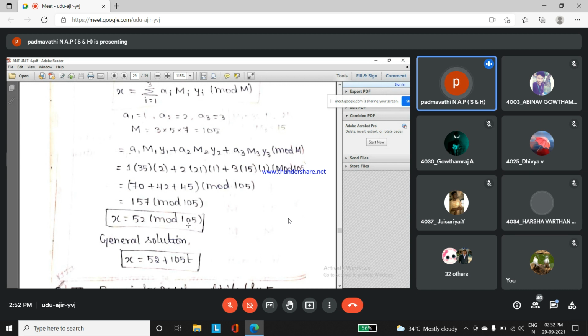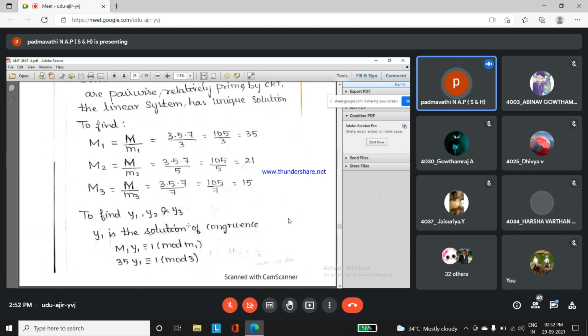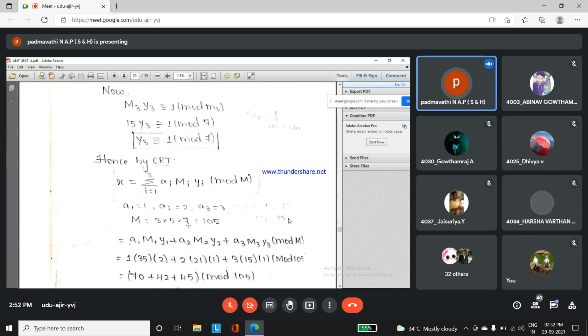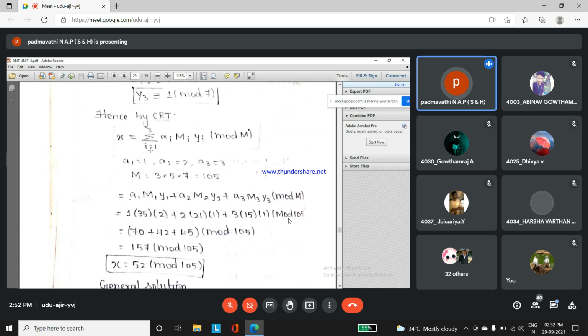Is there any doubt, ma? First m1 m2 m3 value find out பண்ணிட்டு y1 y2 y3 find out பண்ணுங்க. Then Chinese remainder theorem, x is equal to formula summation i equal to 1 to 3 ai mi yi, okay. This substitute பண்ணுங்க, that is to expand the summation. So x is equal to 52 mod 105, that's the answer.